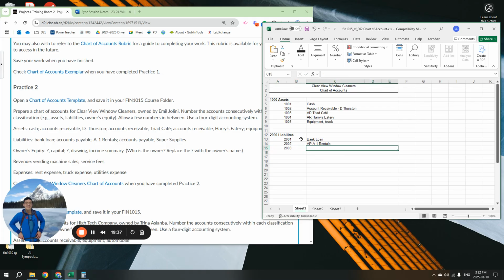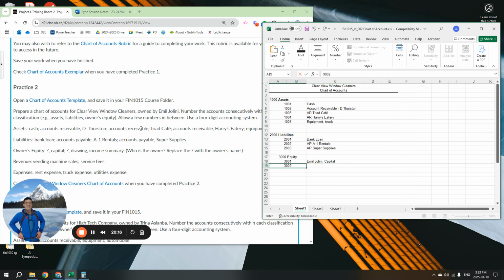Right, AP Super Supplies. All right, and then 3000 is equity, and 3001 would be the owner's capital, and this is owned by Emil Jolini. Emil Jolini capital.